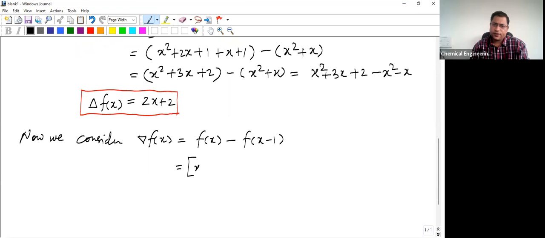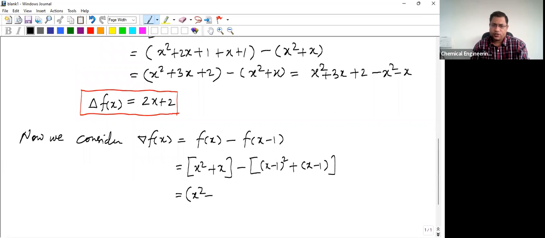So this is x square plus x minus (x minus 1) square plus x minus 1, as our function is x square plus x, so x will be replaced by x minus 1. Let us simplify.